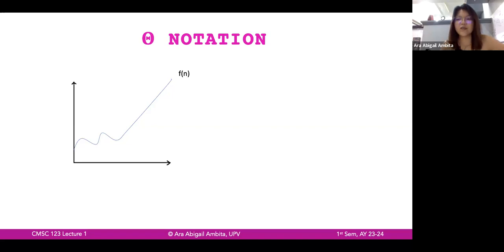Assuming that we have a function f of n, we will have a function c2 g of n that will be greater than or equal to f of n, and then we also have the function g of n with a constant c1, which will grow not larger than f of n, after some input size n naught. As you can see, you can think of f of n as being sandwiched in between c2 g of n and c1 g of n.